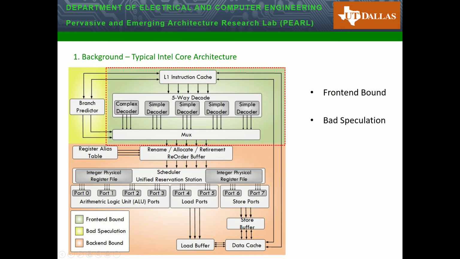Bad speculation reflects slots wasted due to incorrect speculations. The bad speculation happens at the speculation portion of the processor. Back-end bound illustrates that no macro operations are being delivered at the issue pipeline due to the lack of required resources in the backend. The backend bound happens at the back portion of the processor.